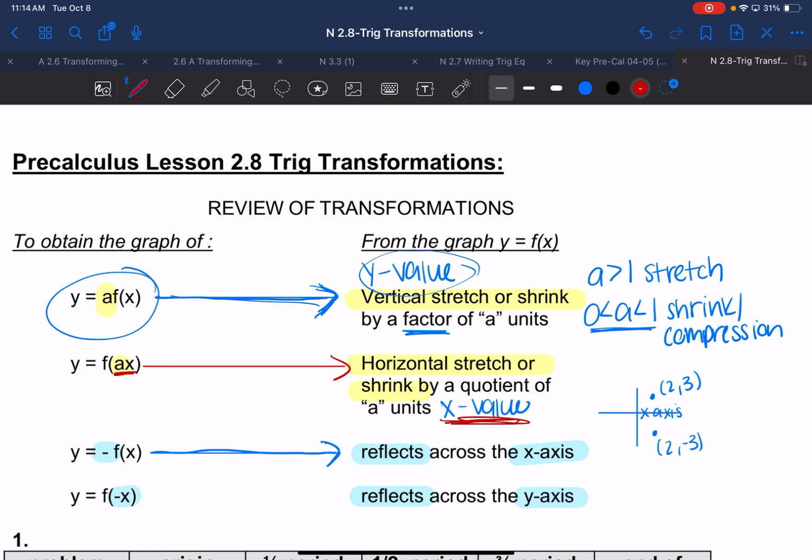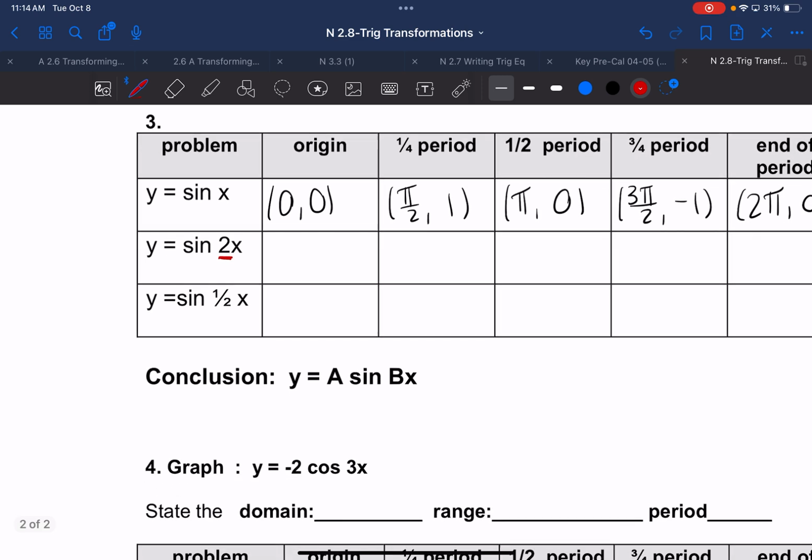I'm changing x. It also says this is a stretch or shrink by a quotient of a units. What does quotient mean? What operation is that? Division. Right. So instead of multiplying by that factor, they're saying we're supposed to divide by that factor. And I'm not dividing my y values, I'm dividing my x values. Okay. So we are going to divide x values by 2.